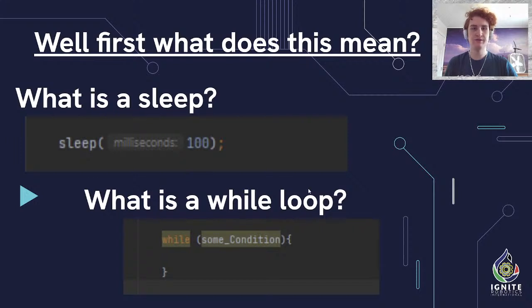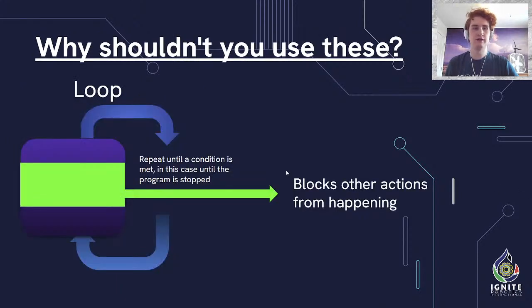And then while loops just repeat until the condition is false. So in this case, once some condition is false, it will stop and we will exit the loop. So if we think about a main control loop, where everything's happening and you update things in the loop sequentially, if you put a sleep or a while loop, it can add an arbitrary delay in your code.